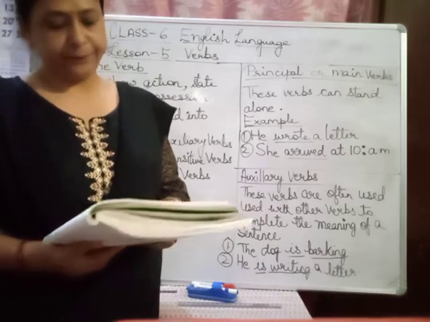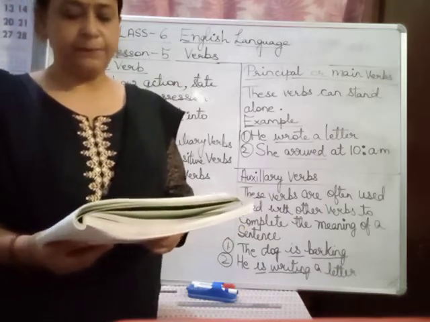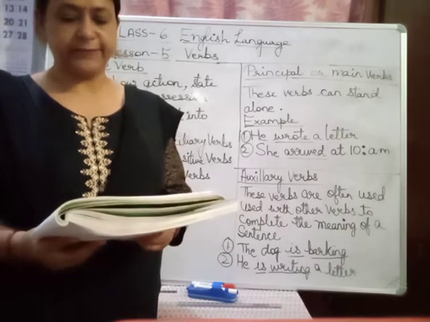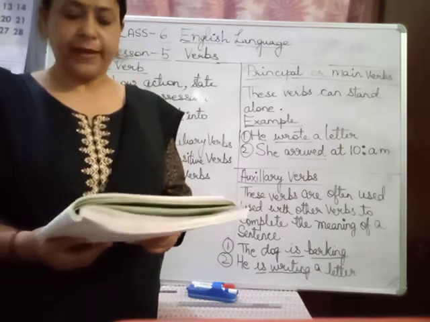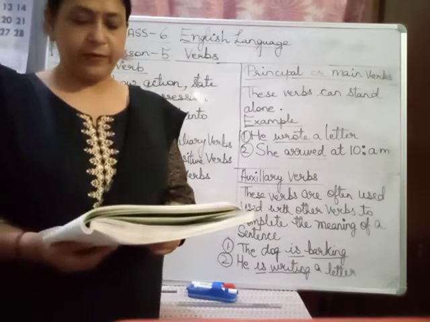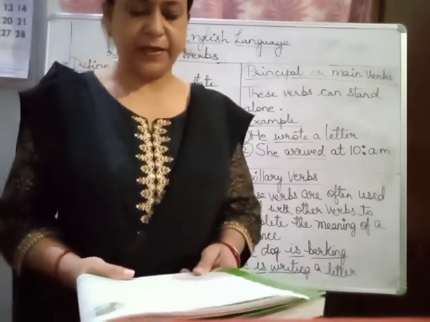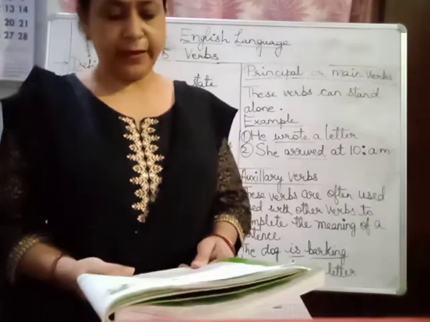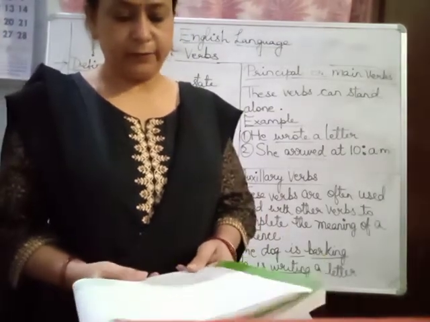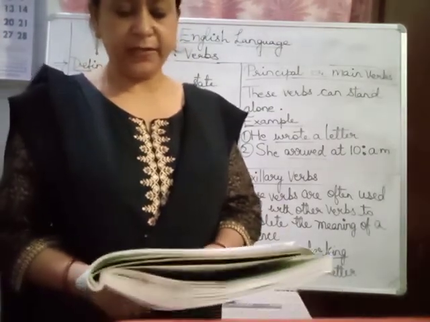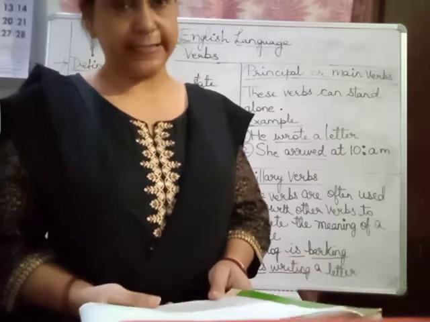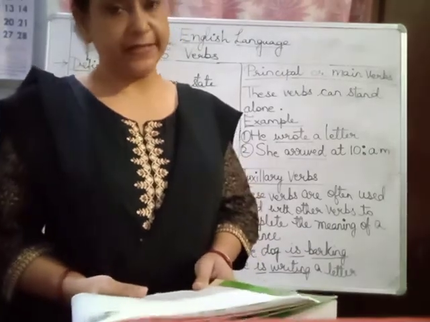When the verb be, do or have is followed by the principal verb, it is an auxiliary verb. When these verbs occur alone in a sentence, they become the principal verb.